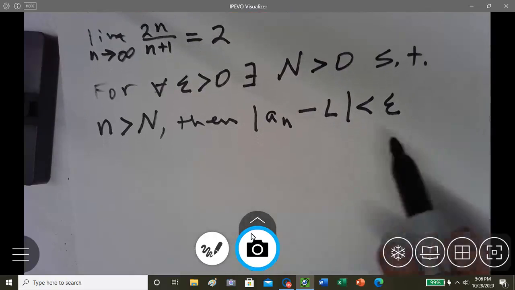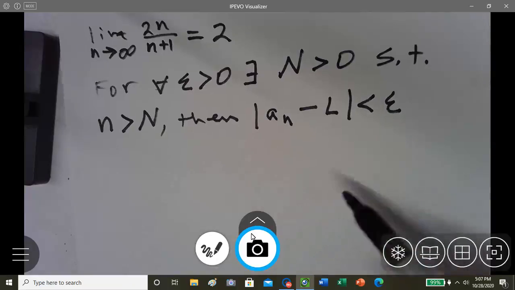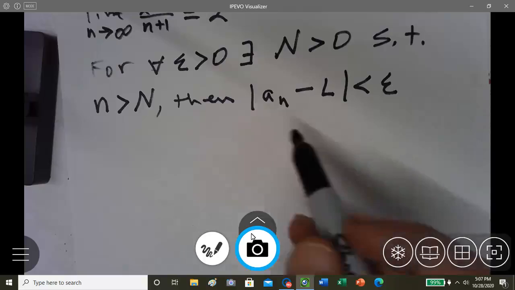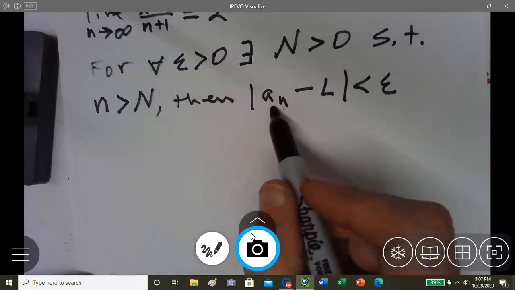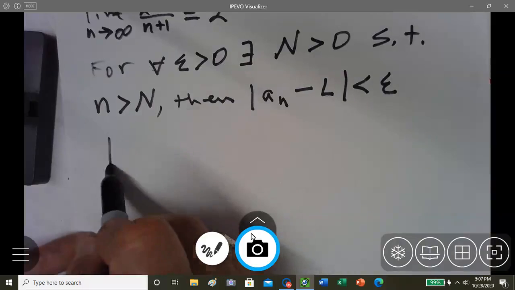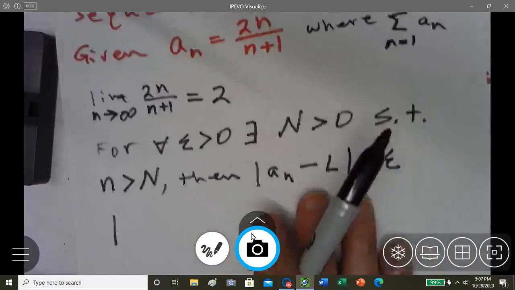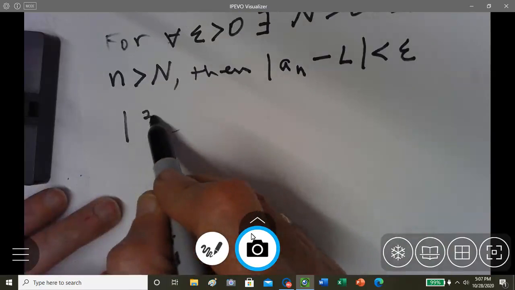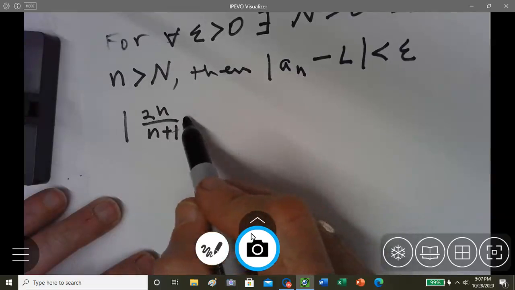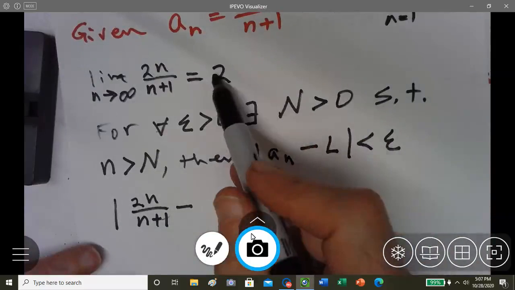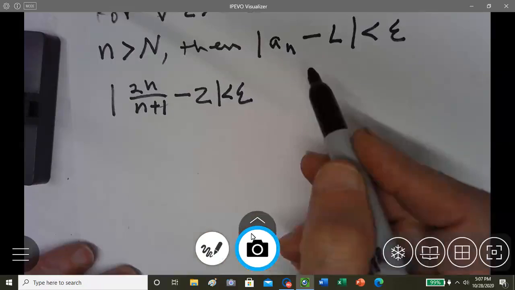But before we do that, we have to go through the scratch work, and then we can go back and define our proof. So we start with the absolute value of our sequence minus its limit is less than epsilon. The sequence a_n, we said, is 2n over n plus 1, minus the limit, which is 2, and that's less than epsilon.